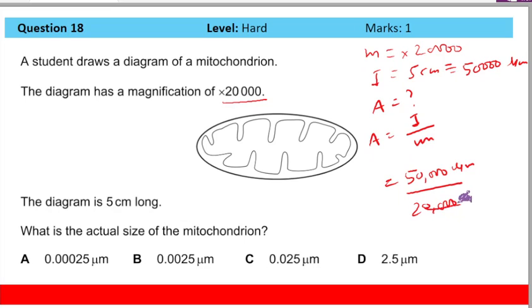The zeros cancel, then divide by 2, and you will get 2.5 micrometers. So D is the correct option over here.